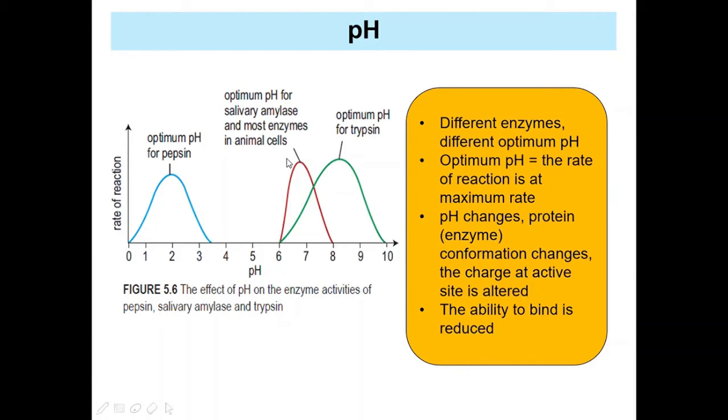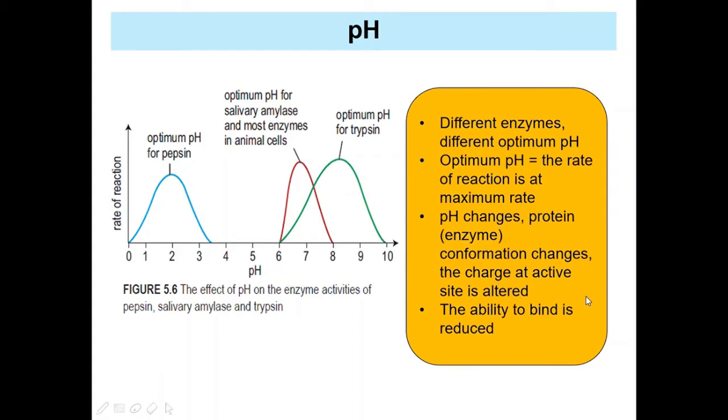So, ini bermakna enzim pepsin ni tak boleh bekerja dengan semaksimumnya kalau dia diletakkan di dalam keadaan yang neutral ataupun keadaan yang beralkali. Okay, now if there is a pH change, it may result in changes of the charge on the active site of the enzyme.